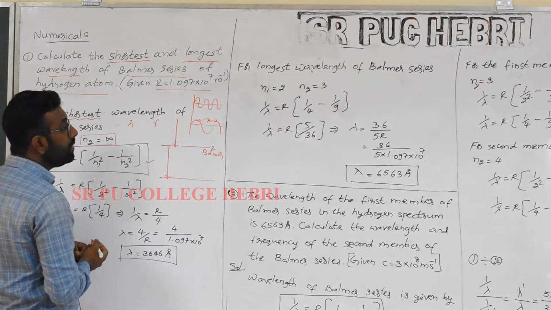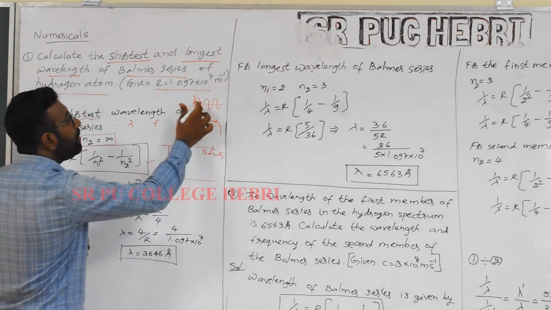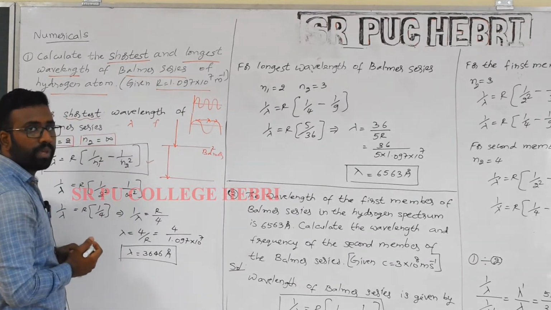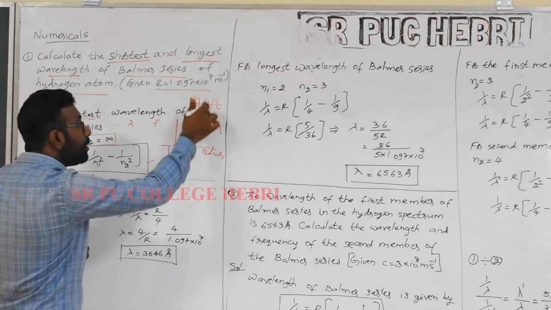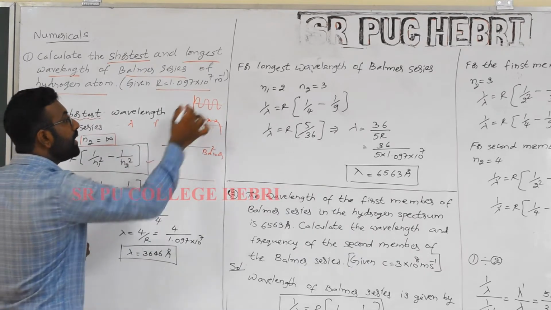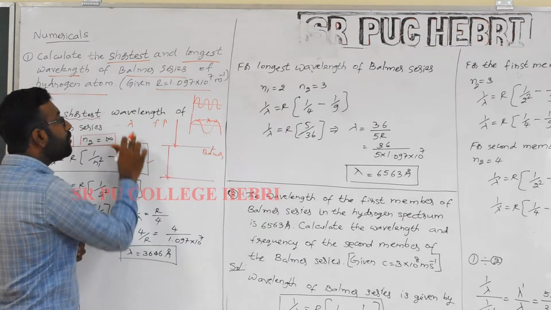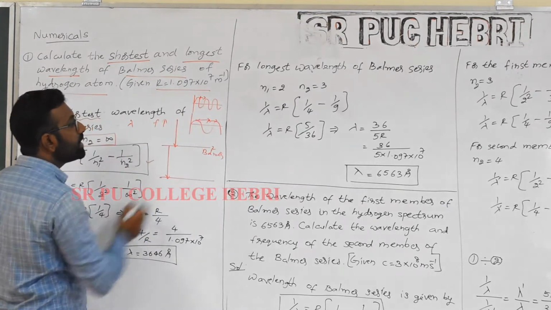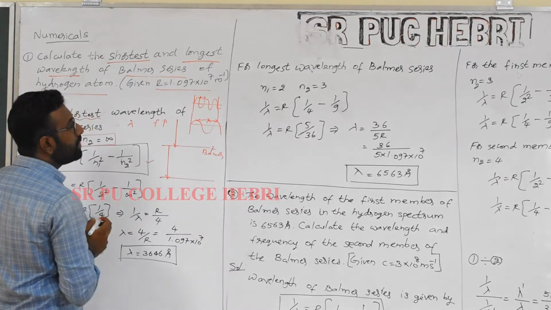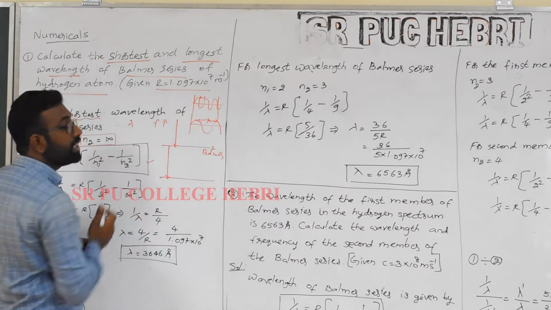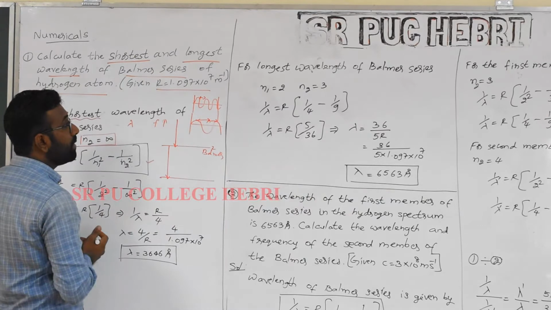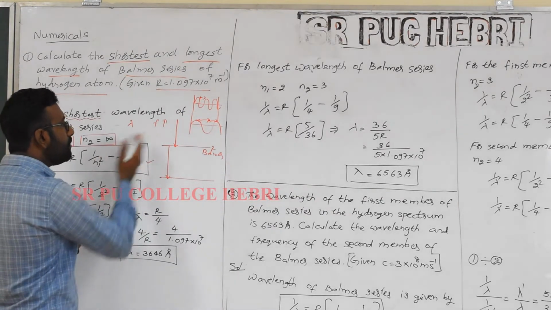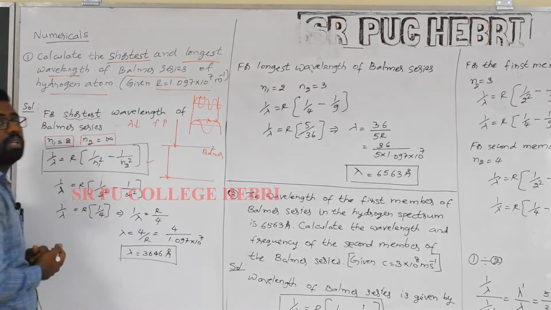The number of waves passing a particular point within 1 second is the frequency of that wave. When you have more waves, the frequency will be more, but the wavelength will be very small. Look at the same length: in this wave I got a very small wavelength, but the frequency is more. So wavelength and frequency are inversely proportional.